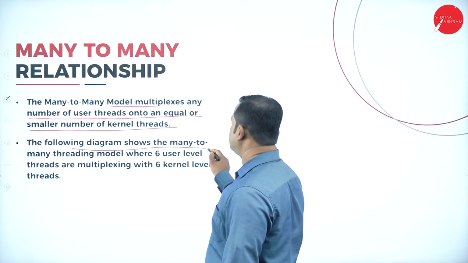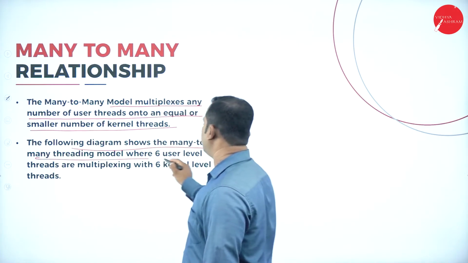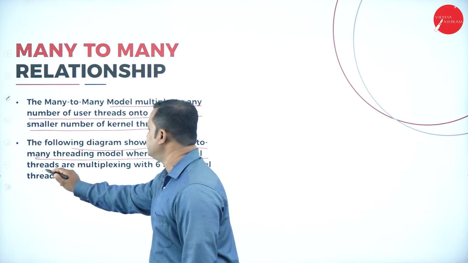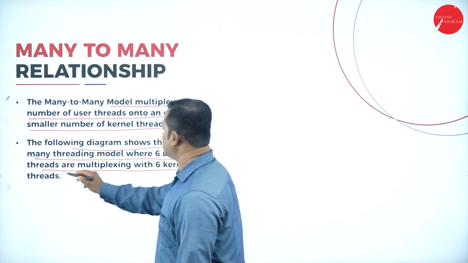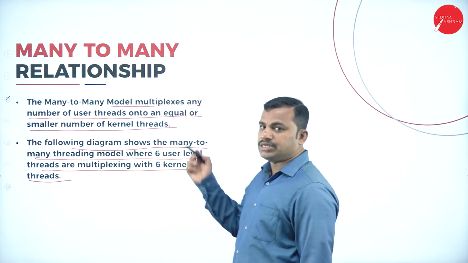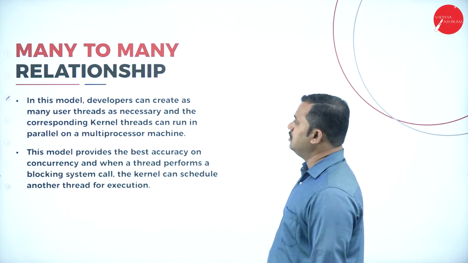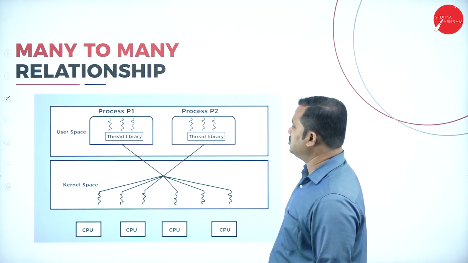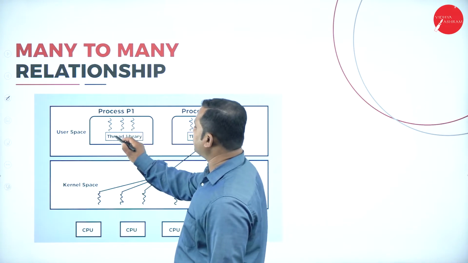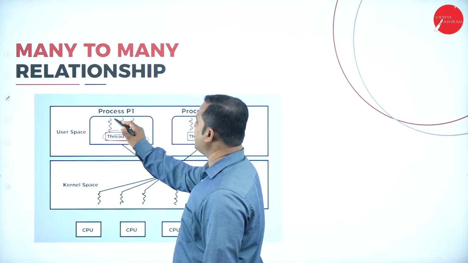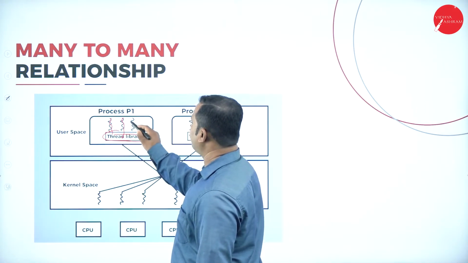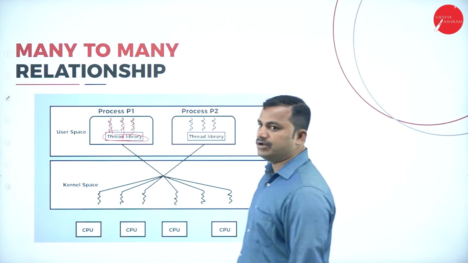The following diagram shows the many-to-many threading model where 6 user level threads are multiplexing with 6 kernel level threads. Please see the diagram now. Let me show you the diagram first. In this case, we have thread library here. In this thread library, we have a set of threads here related to process P1.